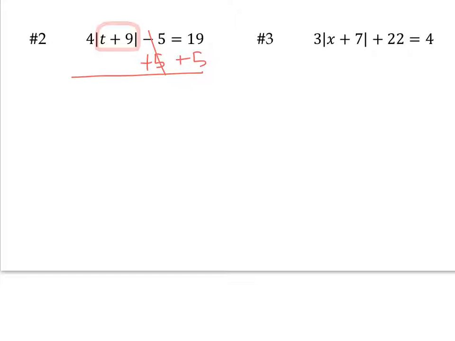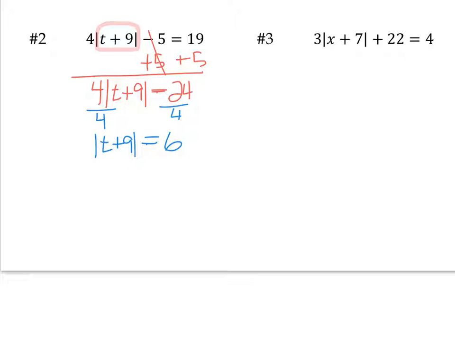So we add 5 to both sides here, and we'll have 4 absolute value of t plus 9 equals 19 plus 5, which is 24. Now we can divide by 4 on both sides, and we'll get absolute value of t plus 9 equals 6.